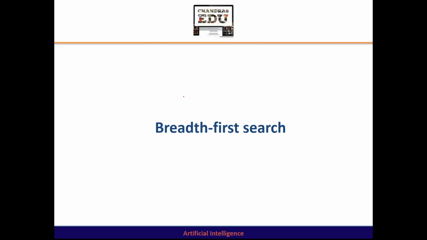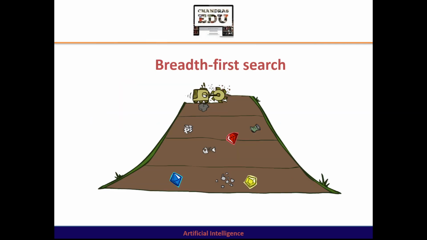How the breadth first search works is that it tries to cover the elements breadth wise to find the solution. It will explore all the nodes in the breadth, that is, at the level, to find the solution. If the solution is there in that breadth level, it will cover that solution.